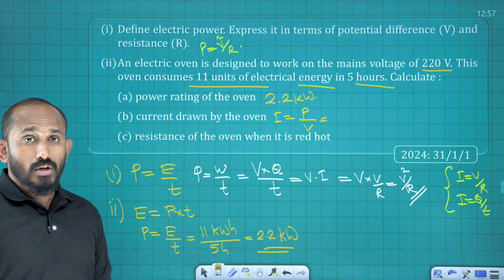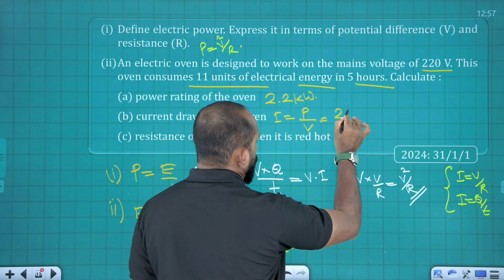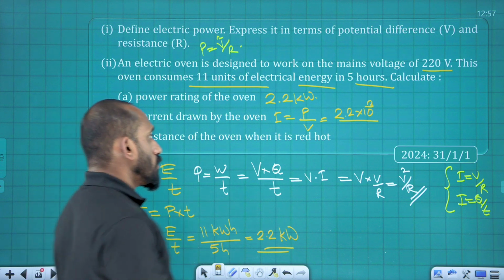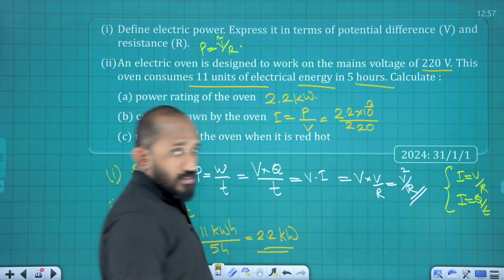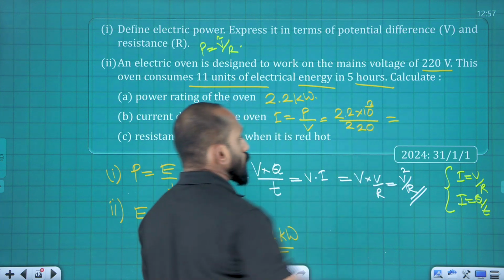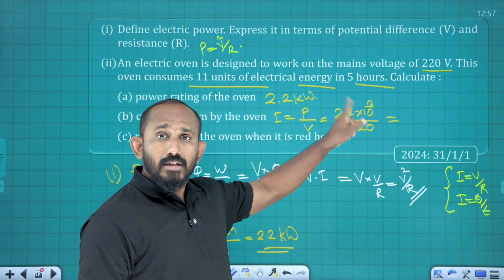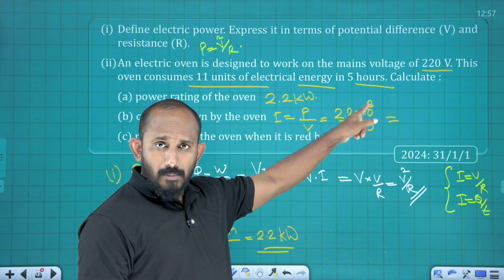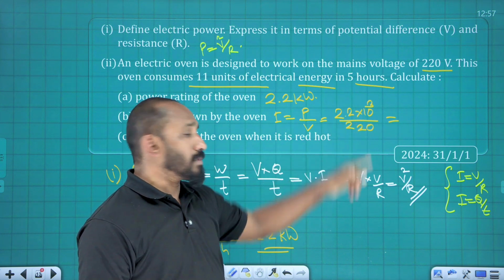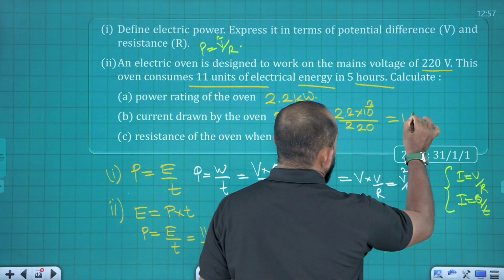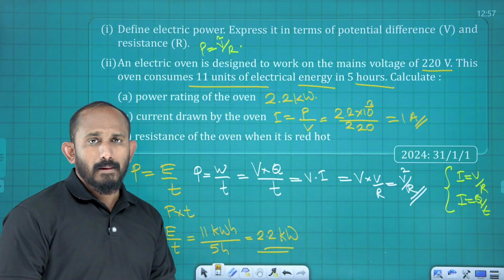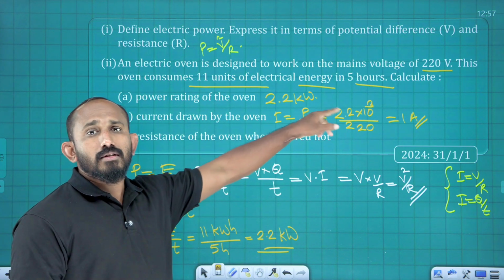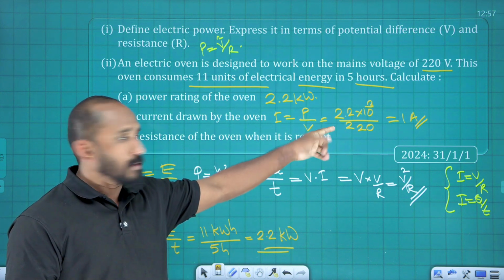Power is 2.2 kilowatts, that is 2.2 into 10 raised to 3 watts, divided by voltage, 220 volts. This will be 2.2 into 10 raised to 3 over 220, which is 220 by 220.